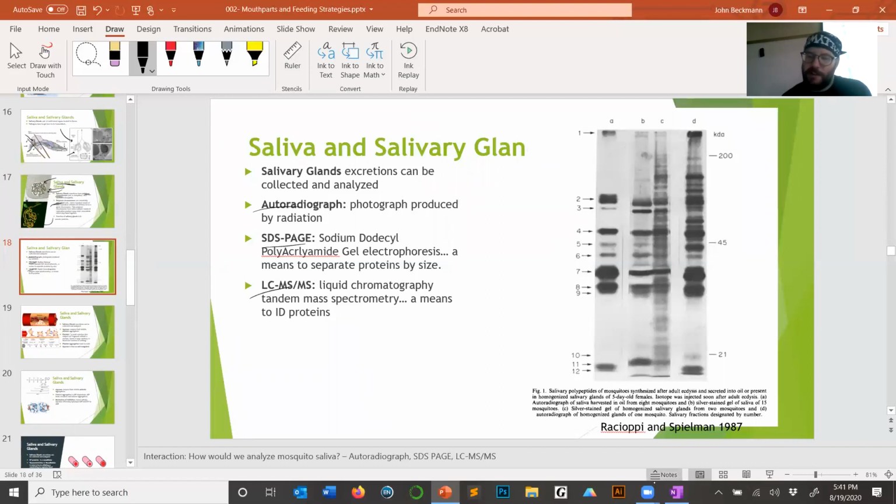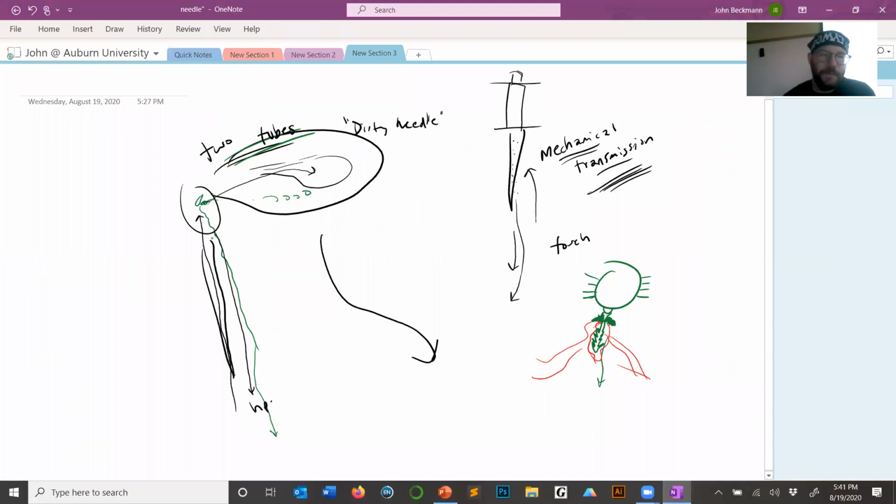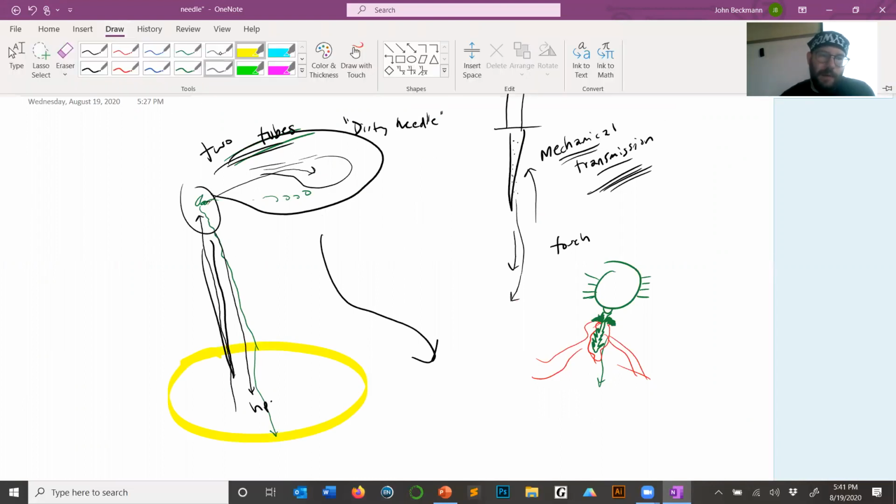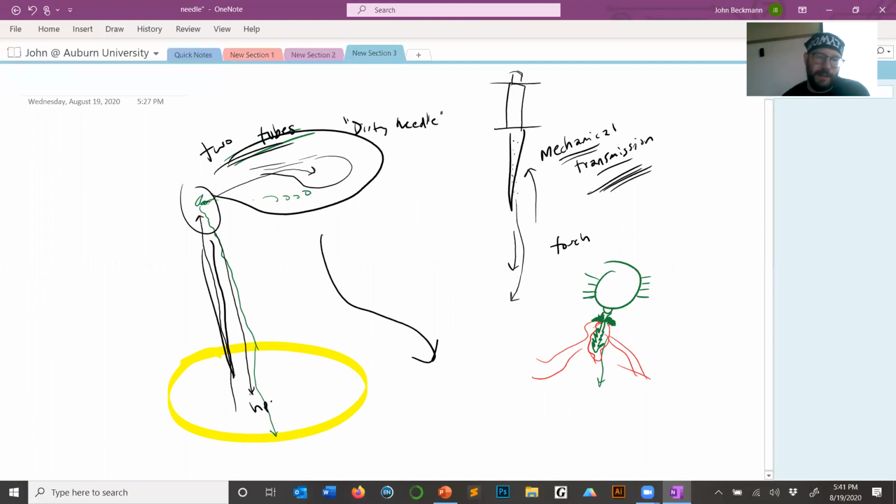The essential point is you can take a mosquito and dip its proboscis in a drop of oil. Eventually a little drop of saliva can accumulate inside that droplet of oil. And if you combine a bunch of those saliva droplets into a tube, you can get enough to extract protein from.